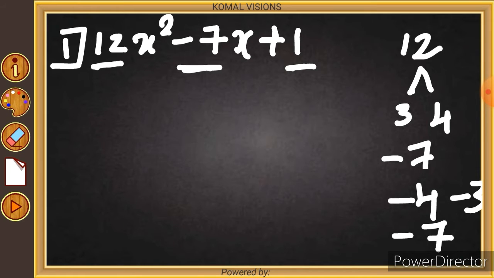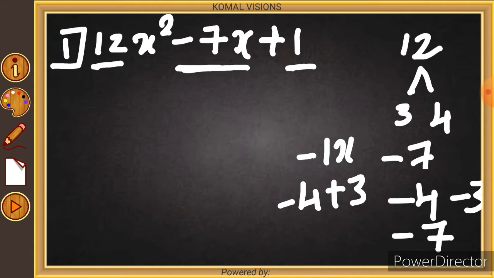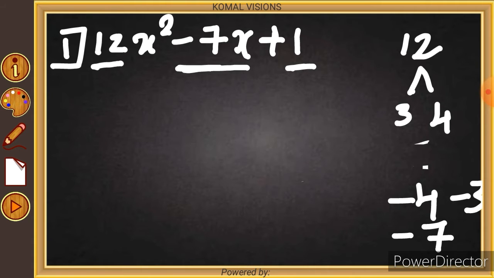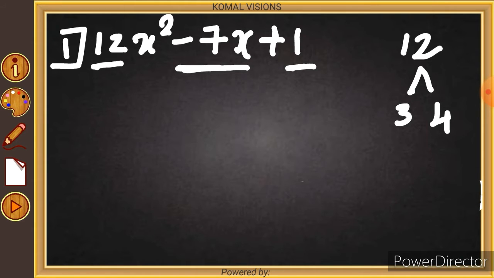Got it? For both the numbers you should take minus. If minus 1x is there as the middle term, you should take minus 4 plus 3 as the factors. So now my factors for this one are minus 4 and minus 3.